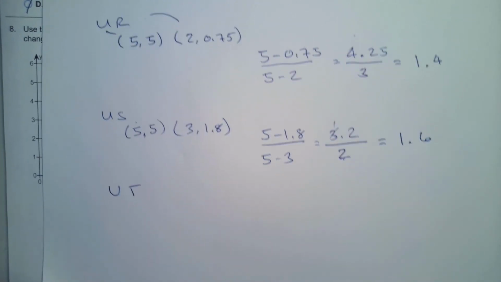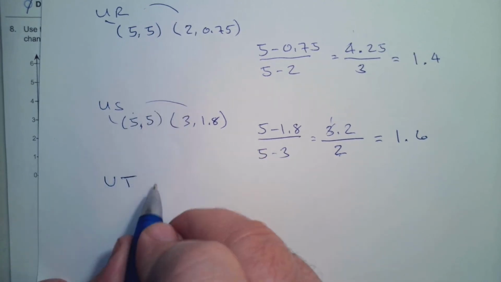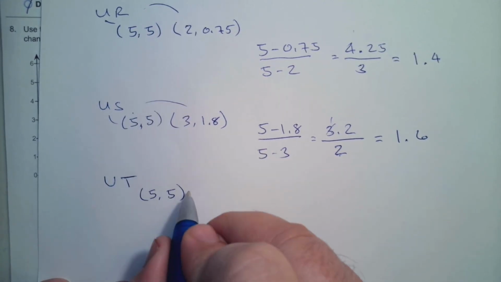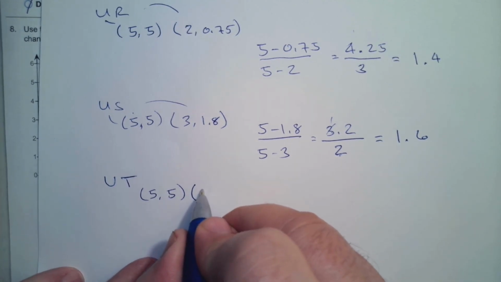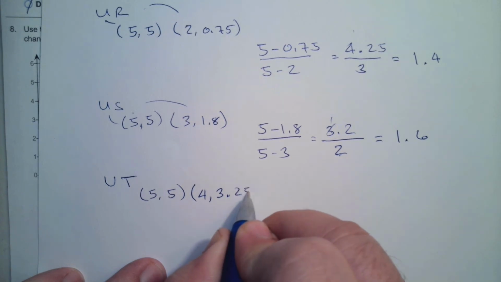Next I go to U to T. So U is 5, 5. And T is 4, 3.25.